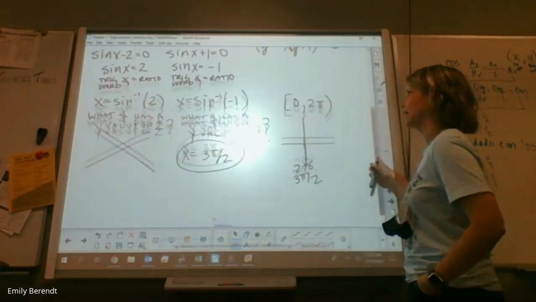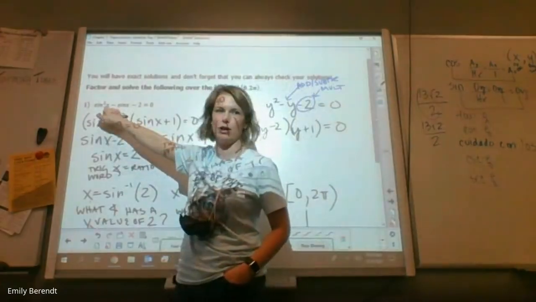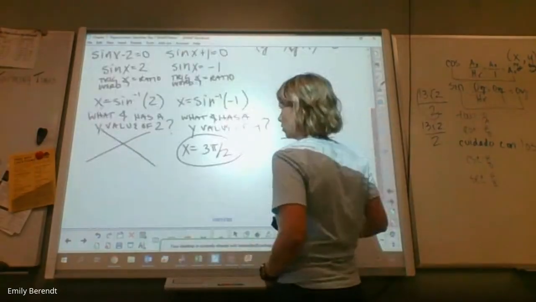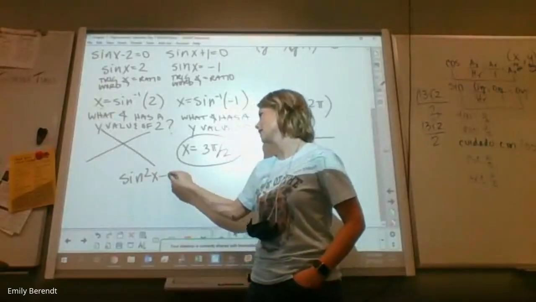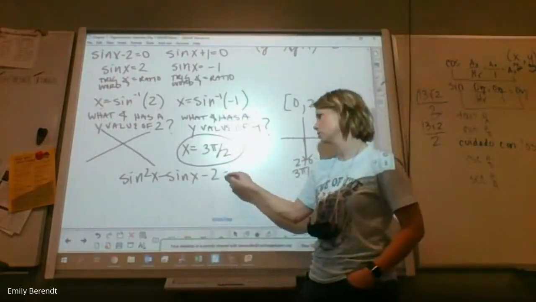So what it means by you can go back and check your answers, you can go back here and plug in. I'll just do it on the first one so you can see how it works. Sine squared of x minus sine of x minus 2 is supposed to equal 0.